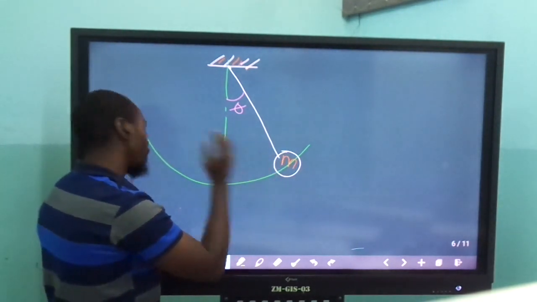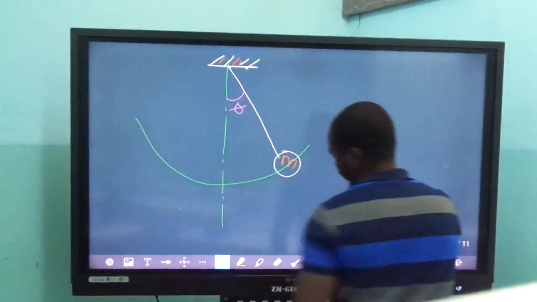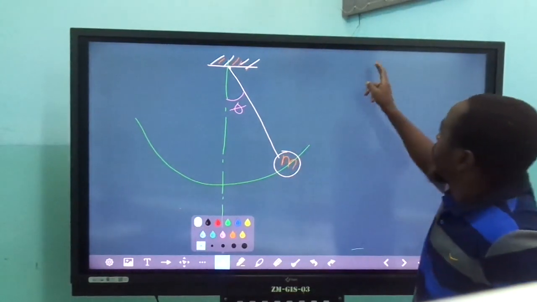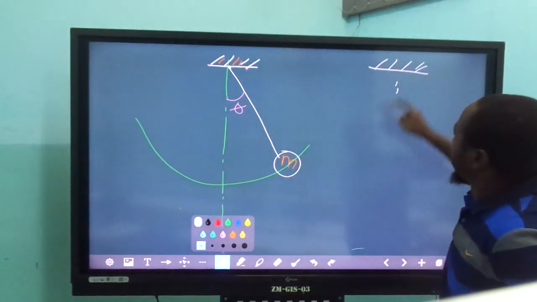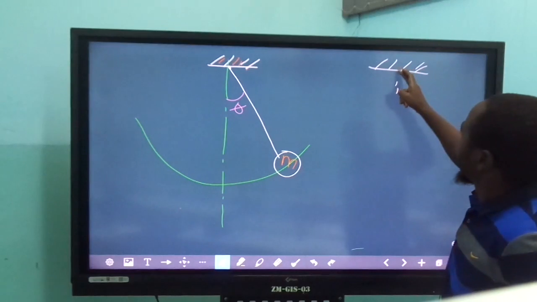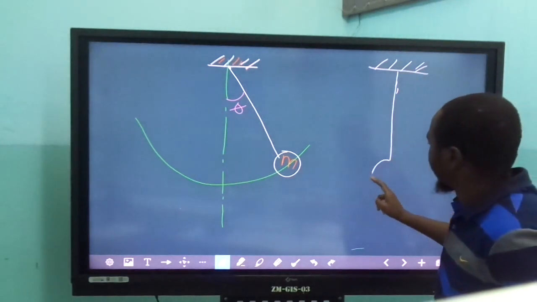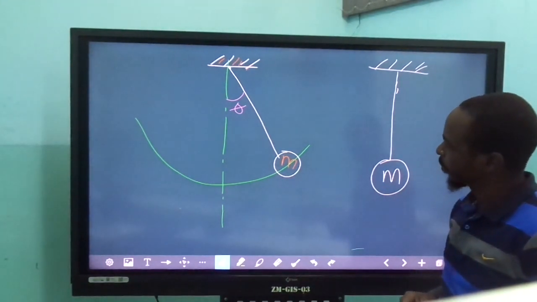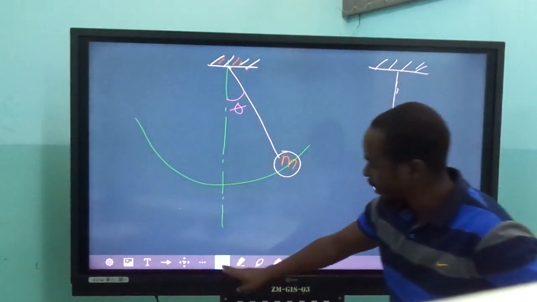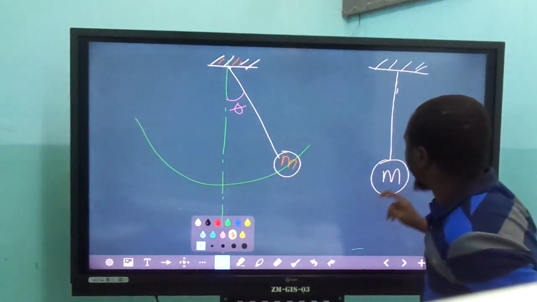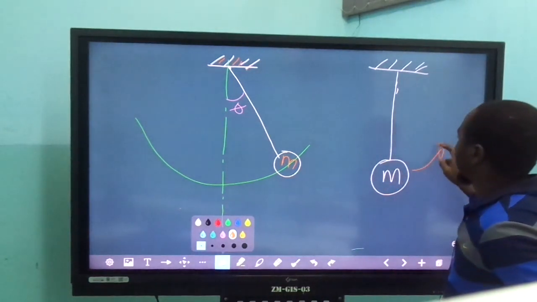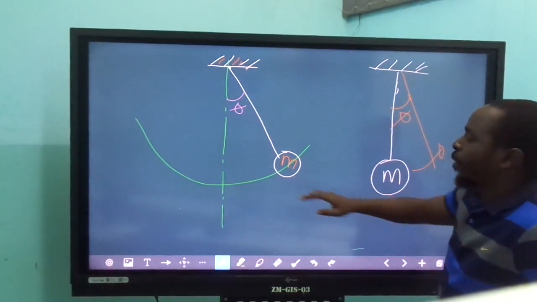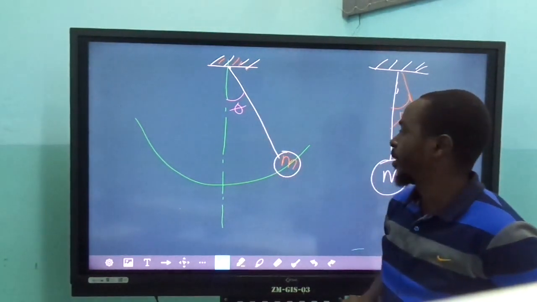When this pendulum is in the resting position, it will be resting vertically. Now, let us apply a force on this pendulum and displace it by a certain angle, by this angle. We are going to have this situation here.